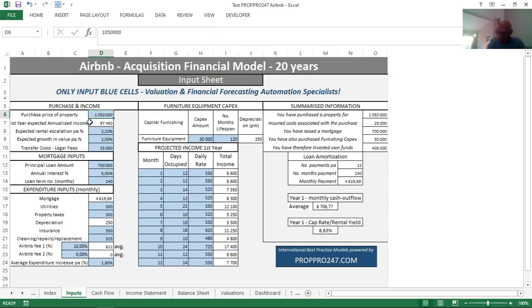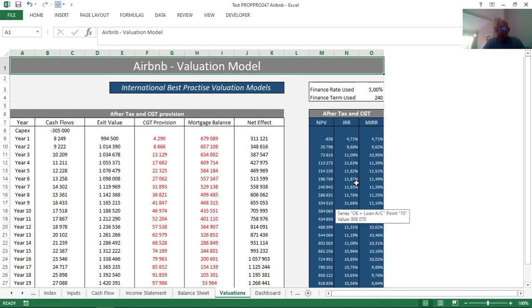Maybe it is viable at 950K, and we can go back to our valuations and see we are now achieving the types of returns that we had hoped for. So this is an excellent tool for calculating the proposed value of the purchase of an Airbnb and running it as such.